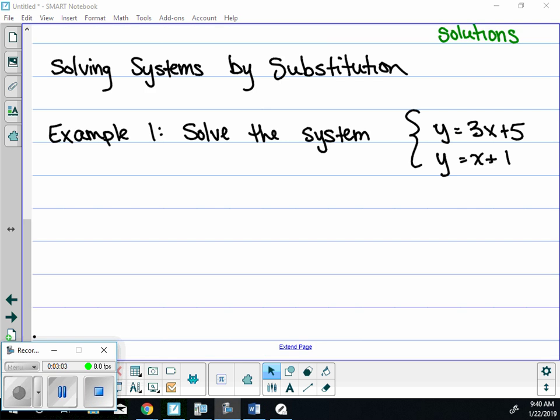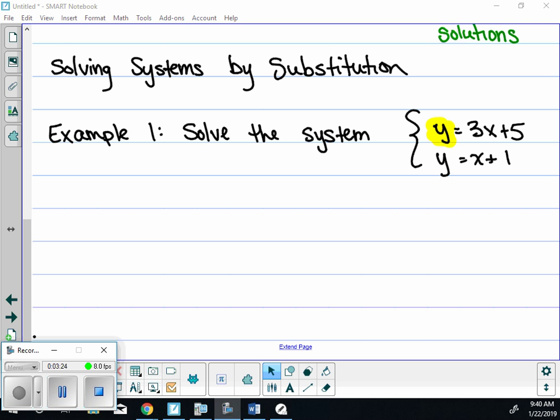So the idea behind the substitution method, because we have two equations and two variables, is that we need to be able to rewrite this as one equation with one variable. So what we want to do is get at least one of the variables by itself on one side of the equal sign.